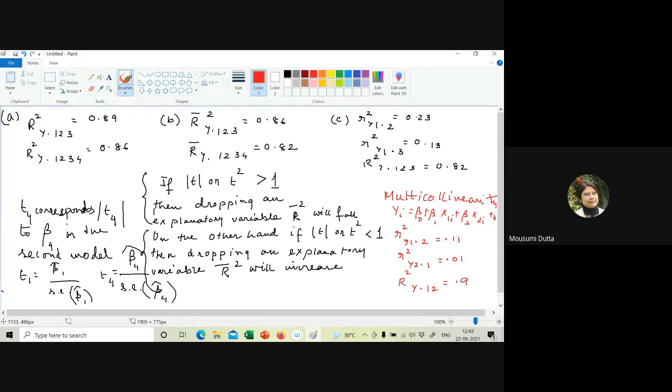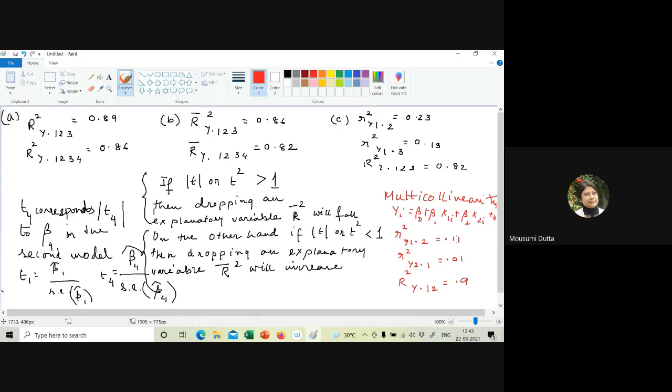Okay. So if problem C is revised a bit, and I give all the values of the partial correlations, and we find all the values are very small, that is an indication that given the rest of the variables, a particular explanatory variable has nothing new to explain regarding the variation in yi.